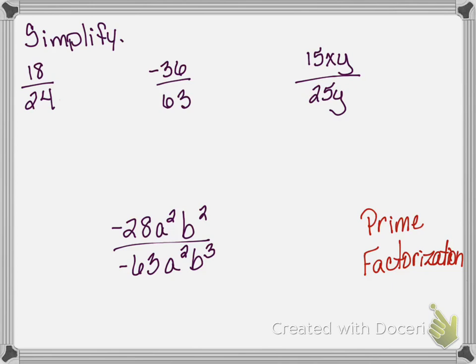What number goes into 18 and 24? 6. So if I divided the top by 6 and I divided the bottom by 6, okay, I would end up with 3 over 4. Correct?